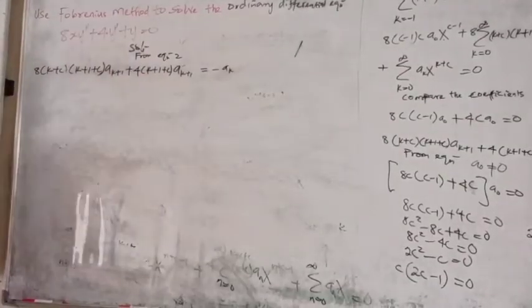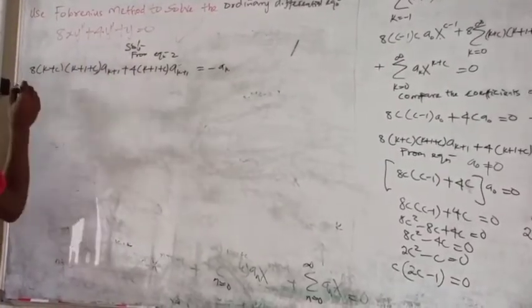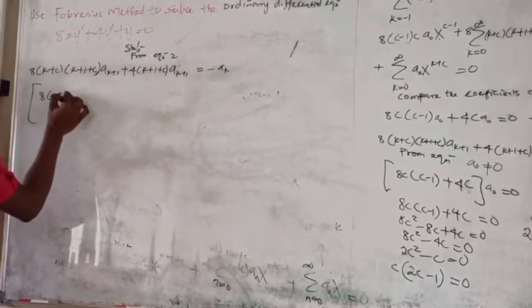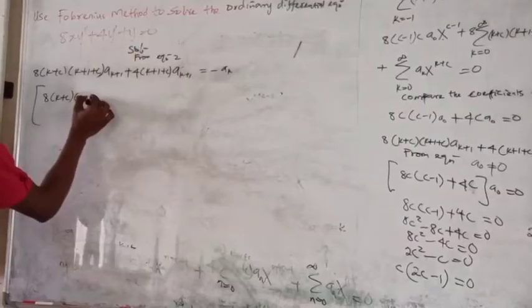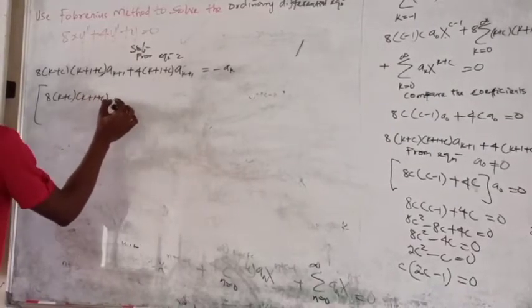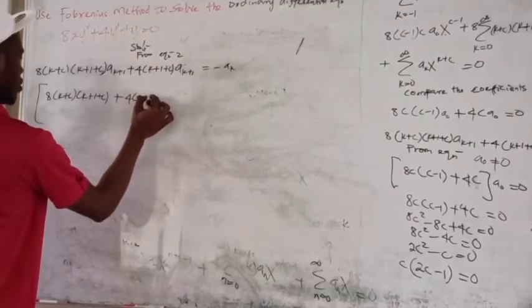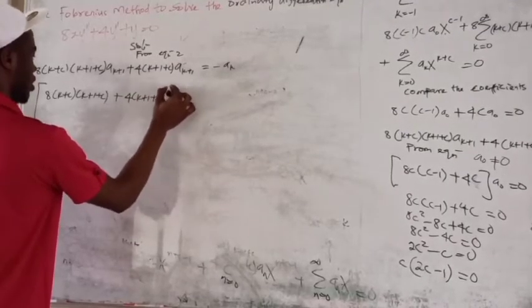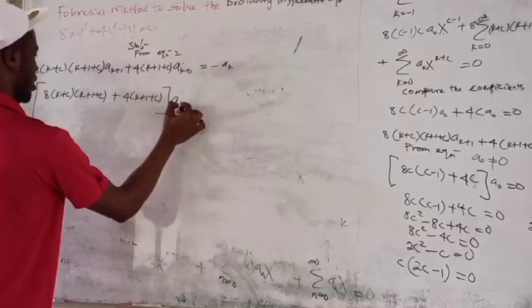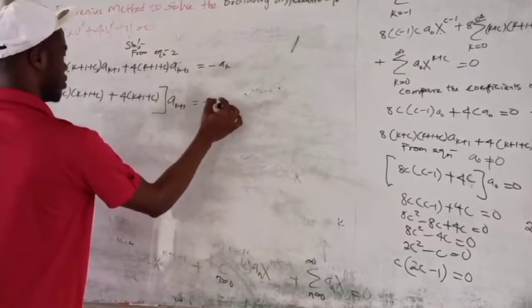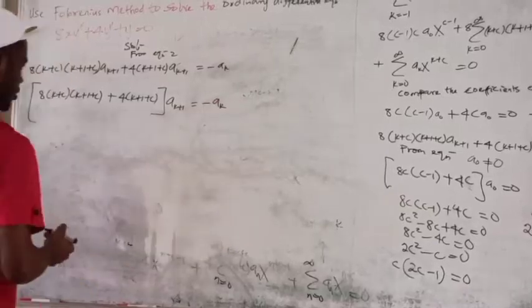If I factor out a subscript k + 1, I'm left with [8(k + c)(k + 1 + c) + 4(k + 1 + c)] all multiplied by a subscript k + 1 equals minus a subscript k.